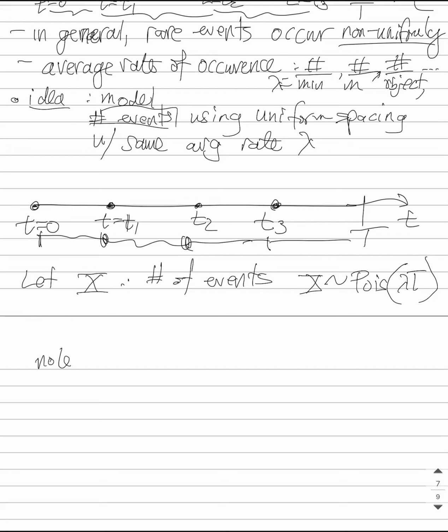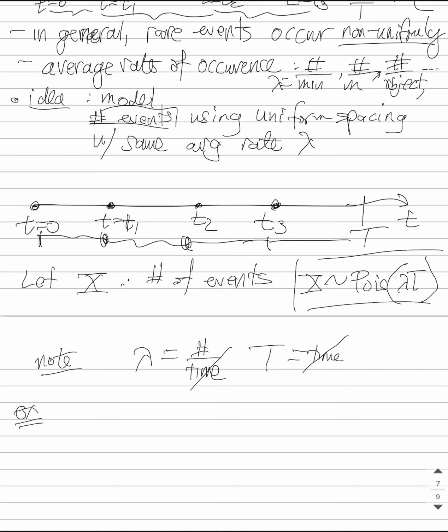If you want to think of it, this could be the number of events per time, and t has units of time. When you multiply the two of them together, the time units will go away. And so this is the idea. If you want to model the number of rare occurrences, the appropriate model to use is a Poisson, but this time the parameter will be the average rate times your total time.